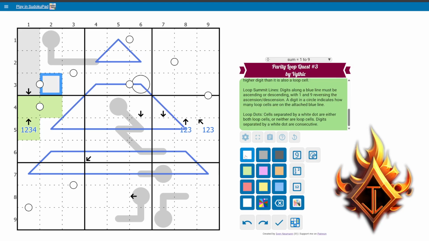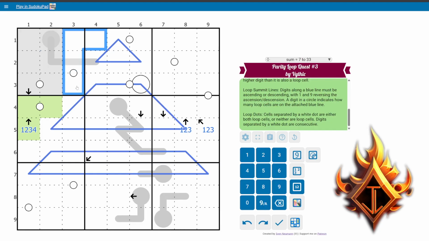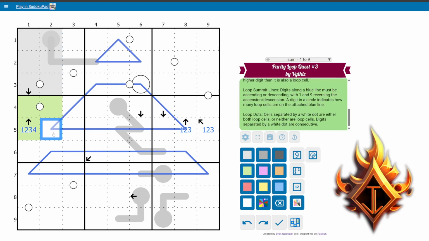That one will not be able to because of the dot. We can't go there, so we can't go there. That may be okay. Can't go there.